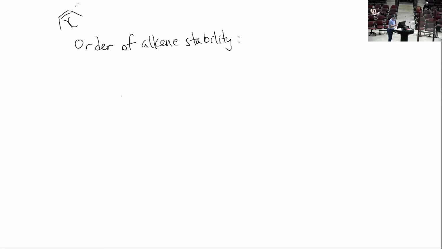So it's a mixture of those two things. The least stable alkene of all is going to be ethylene. Slightly more stable than ethylene will be a monosubstituted alkene.